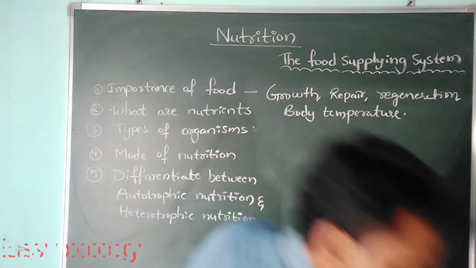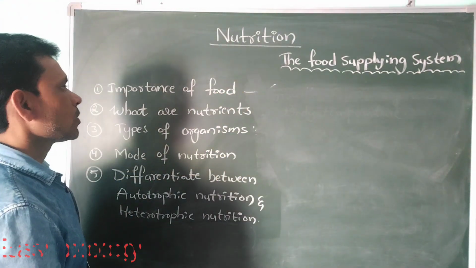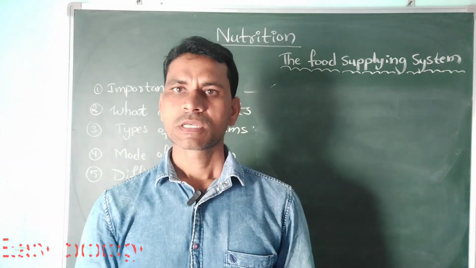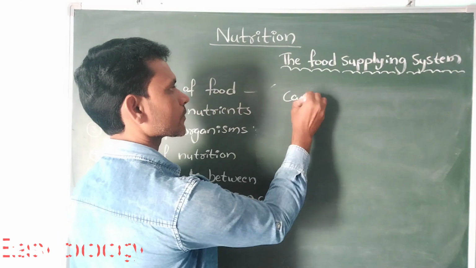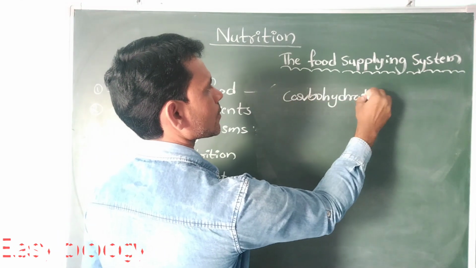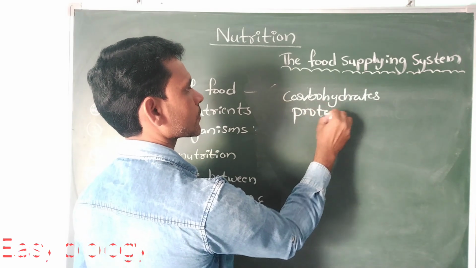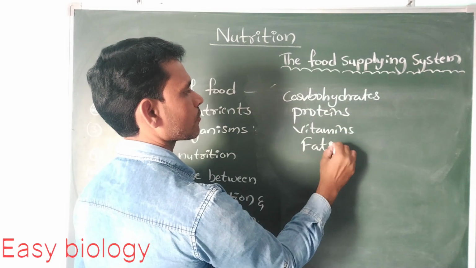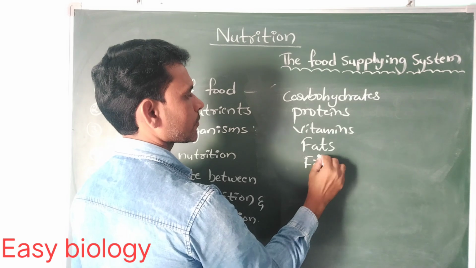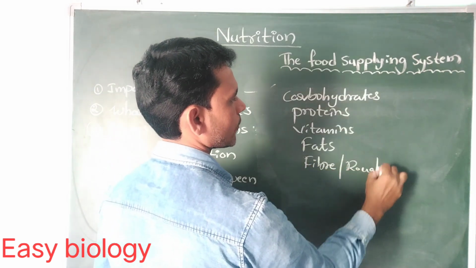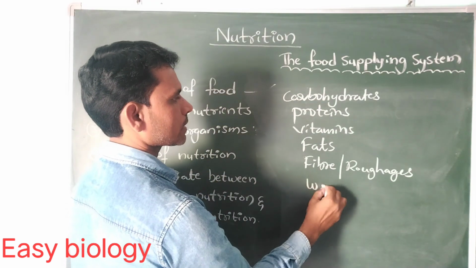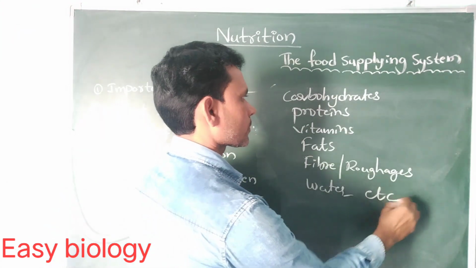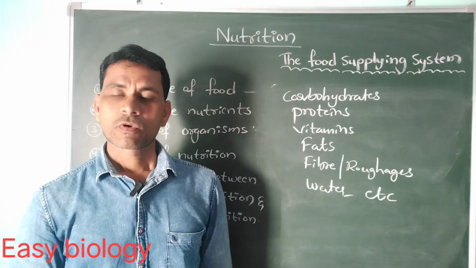The second concept: what are nutrients? Nutrients are components of the food, such as carbohydrates, proteins, vitamins, fats, fiber or roughages, water, etc. So, what are nutrients?